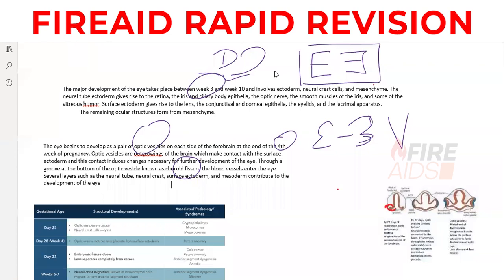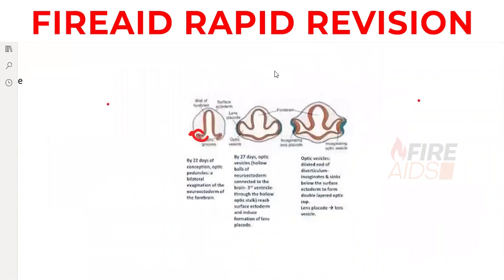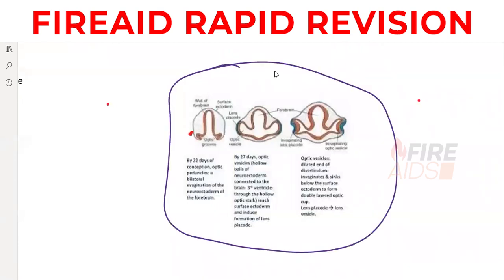So overall, this here is a picture of the development of the eye. These are optic grooves. This part is the forebrain. This part is the optic groove.